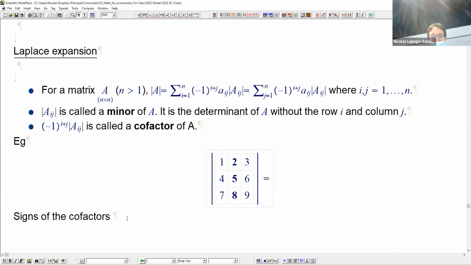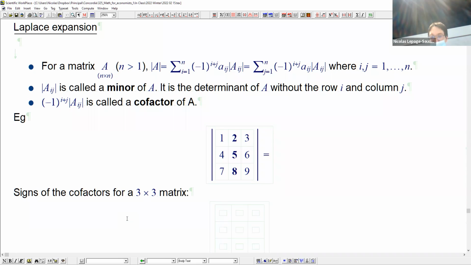So for a 3 by 3, it's like a checkerboard, basically. So it looks like this: 1, -1, 1, -1, 1, -1, 1, -1, 1.